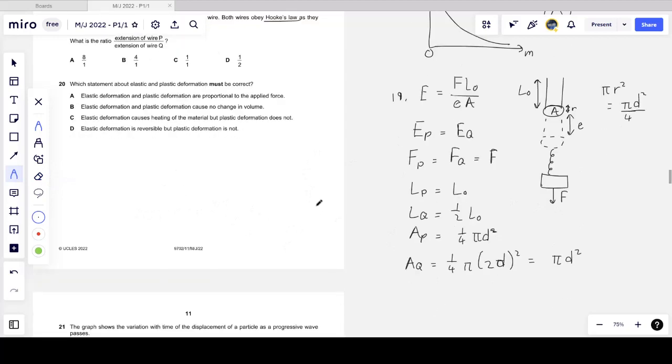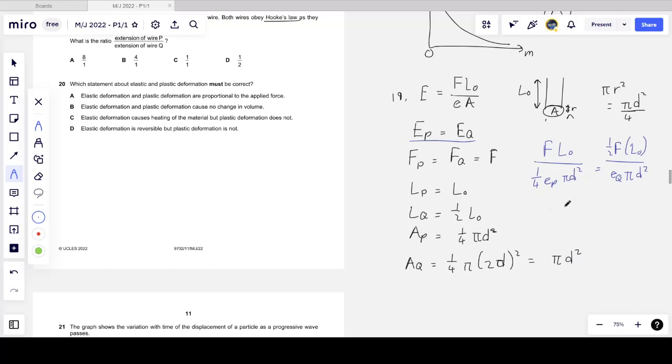And so now I'm left with some mathematics that I need to do. If I just erase this, what I can now do is equate the Young's moduli, and I get that F L naught over 1 over 4 times the extension of P times pi d squared is equal to the same force F multiplied by a half L naught, so I bring the half L out in front, over EQ times pi d squared.